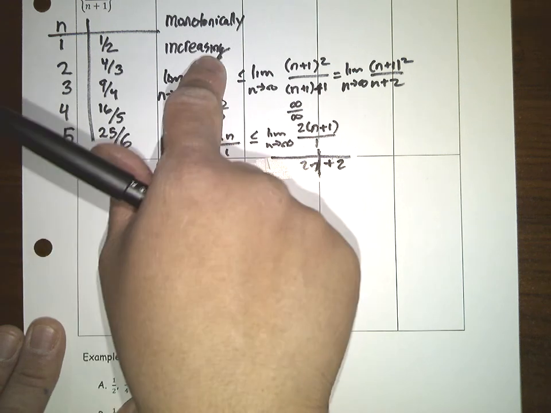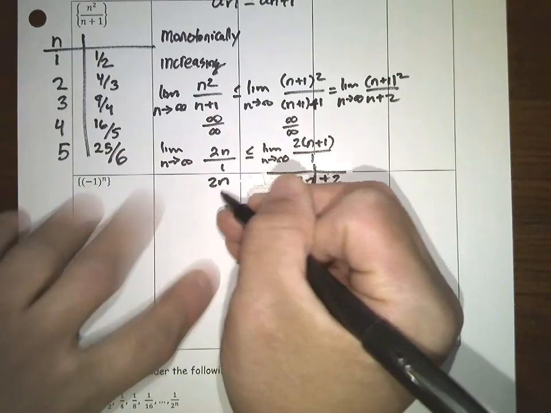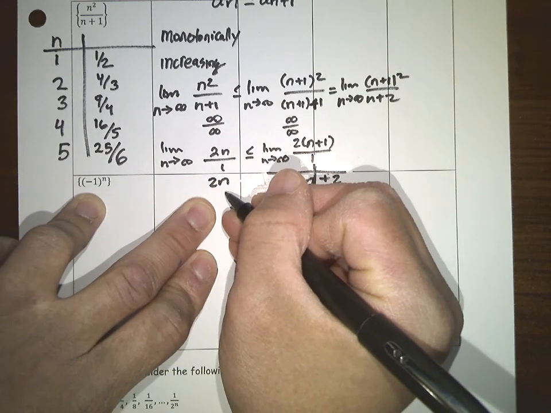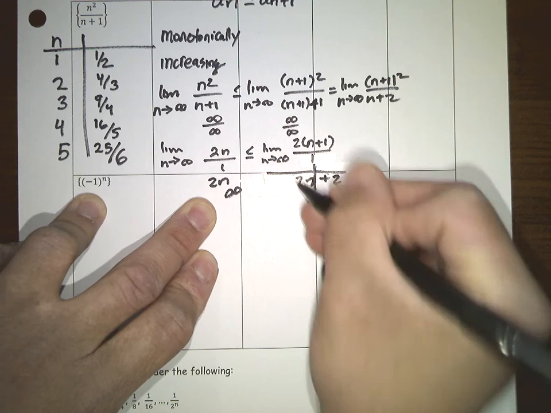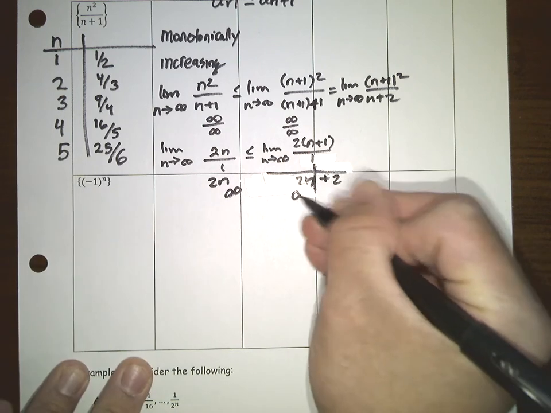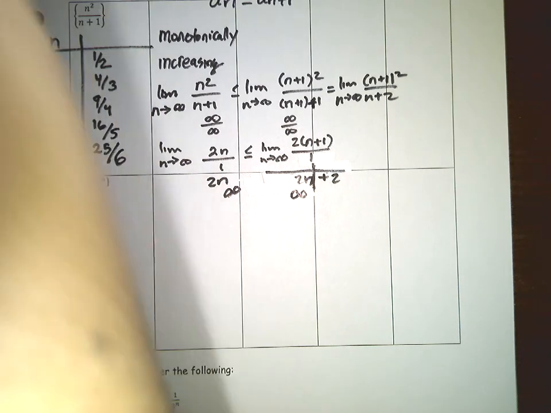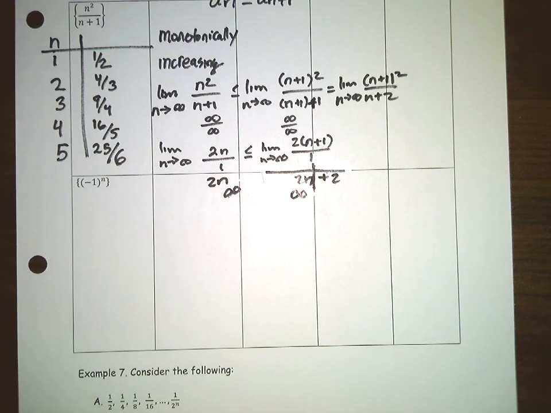So it's definitely always monotonically increasing. But then I know that the limit as n goes to infinity of 2n is infinity, and the limit as n goes to infinity of 2n plus 2 is also infinity.